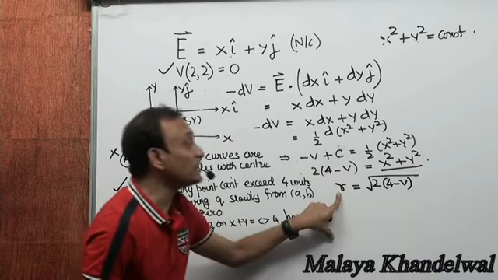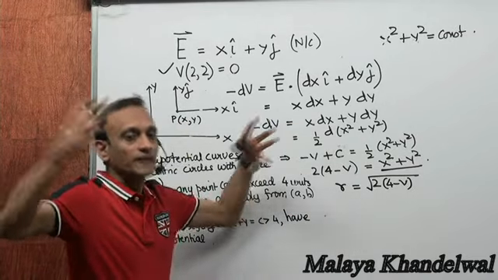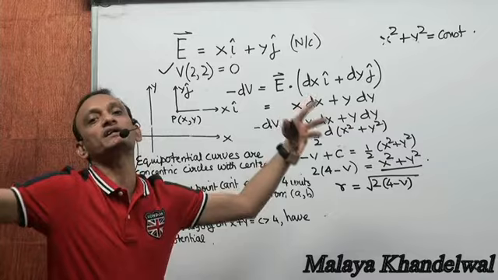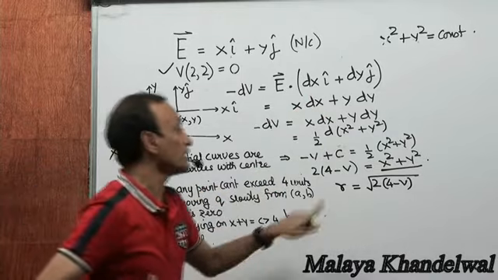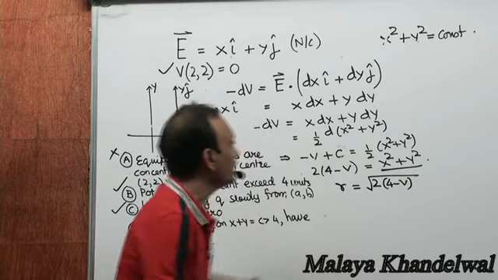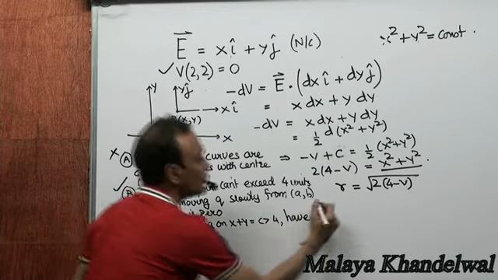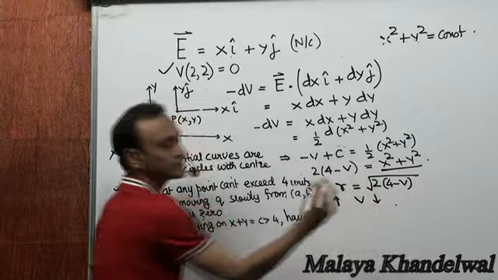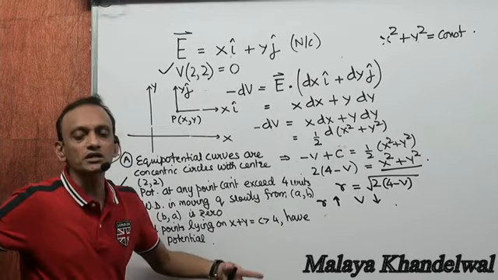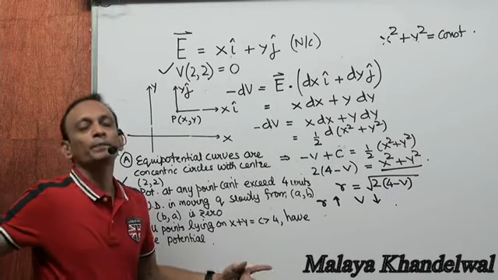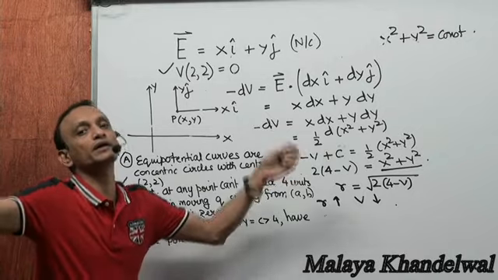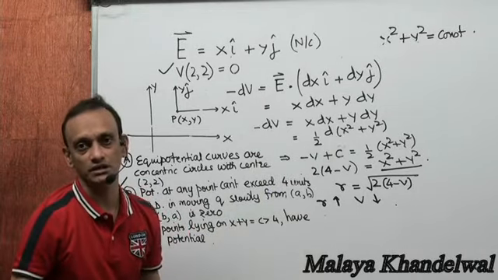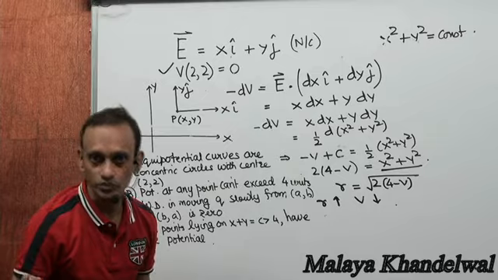If V is decreasing, R is increasing. That means as the radius of the circle increases, V is decreasing. Yes or no? That means as I take larger and larger concentric circles, I fall under smaller and smaller equipotential curves. Yes or no?